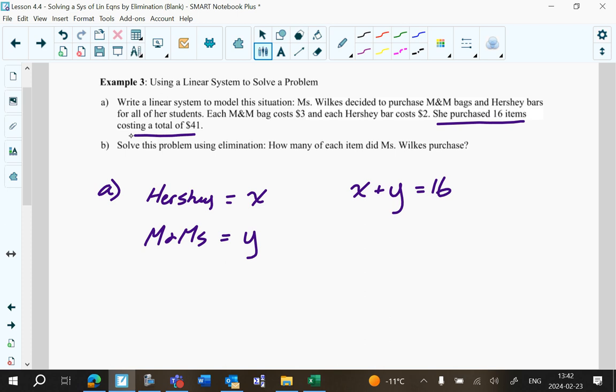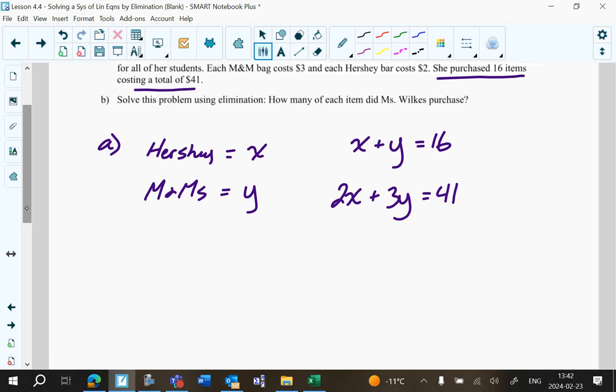How would you write that? X times 2 or 2x plus 3y equals 41. Okay, and there's your system, and we're ready to solve it.